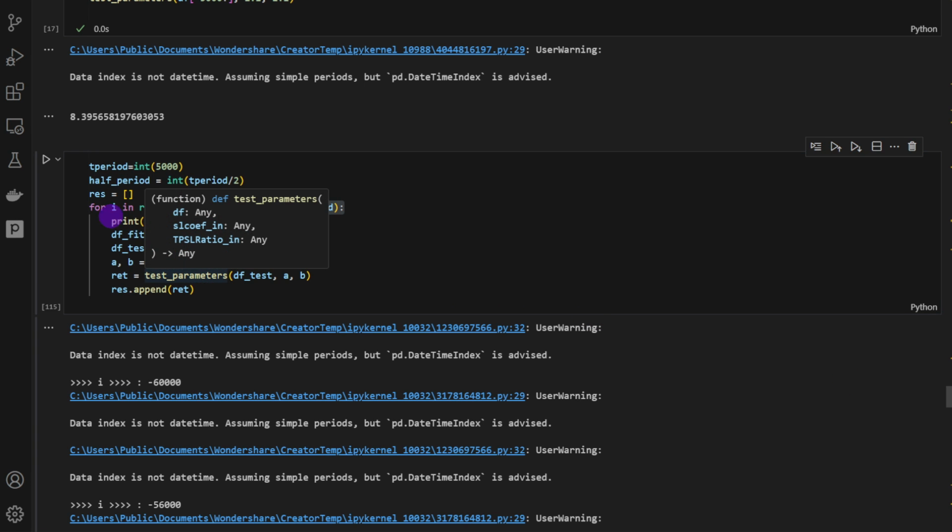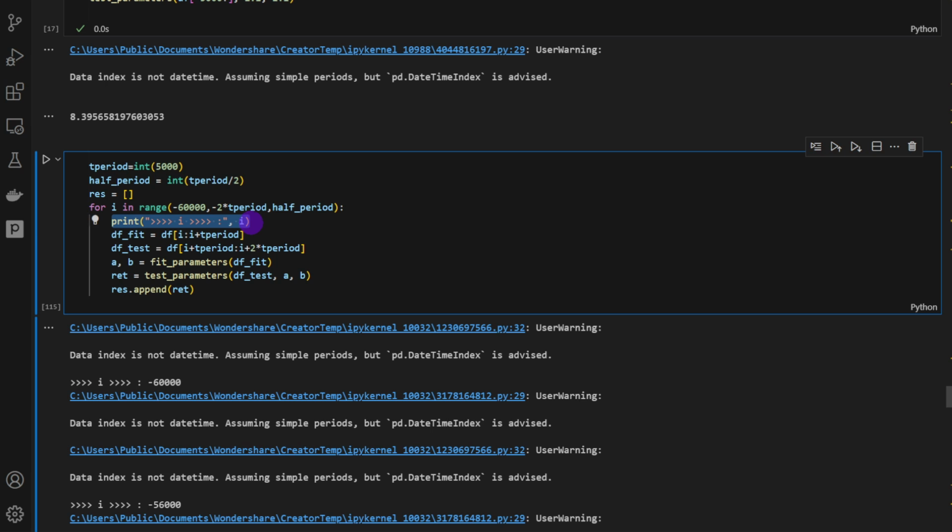We print i just as information while the testing and fitting are running, just to know where we are in this testing. And here on the data frame, we're going to apply a slice. The first slice is called data frame underscore fit, so it's between i and i plus the period. And then the testing part is in the future, so it's i plus period up to i plus twice the period.